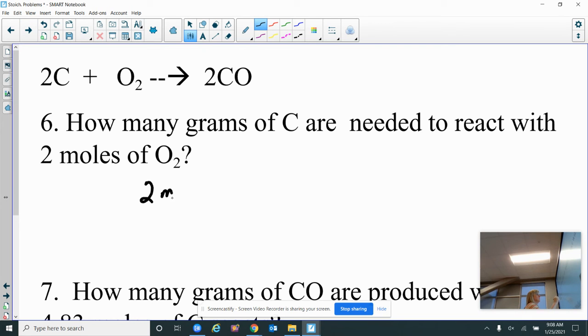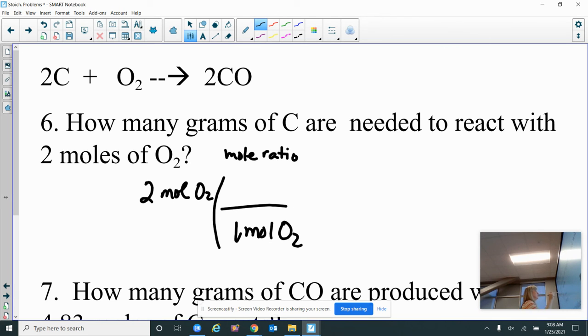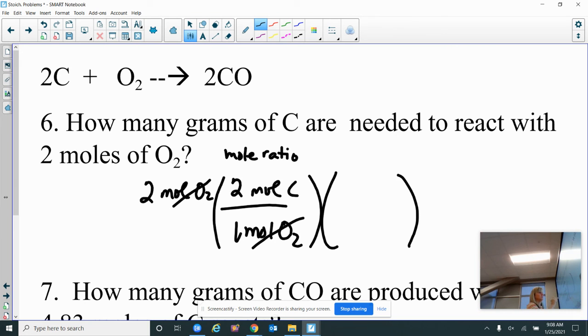So I have 2 moles of oxygen. I want to go to carbon. According to the mole to mole ratio, there's 1 mole of oxygen in the balanced equation to 2 moles of carbon. Okay, that gets rid of moles of oxygen.